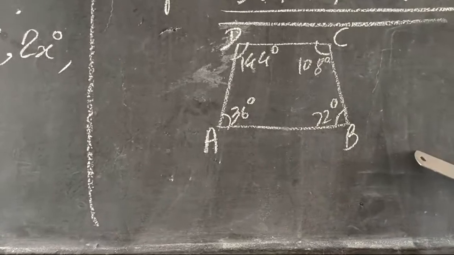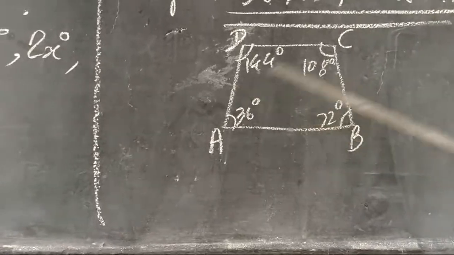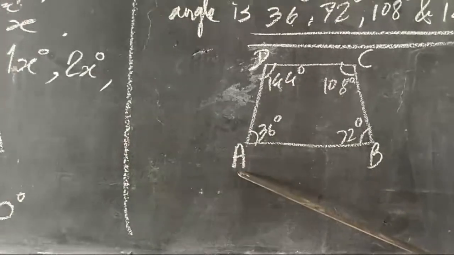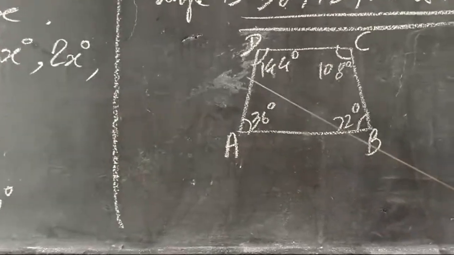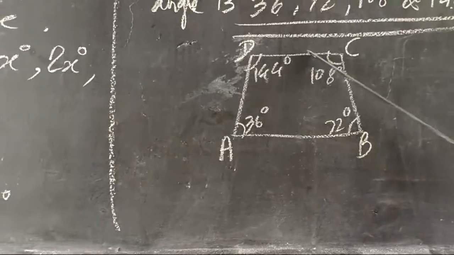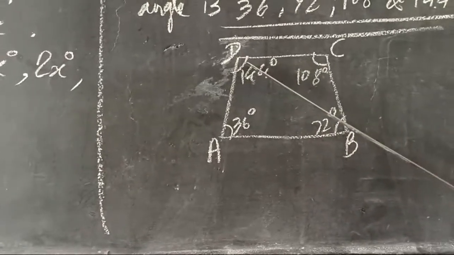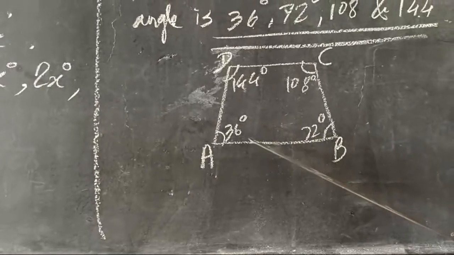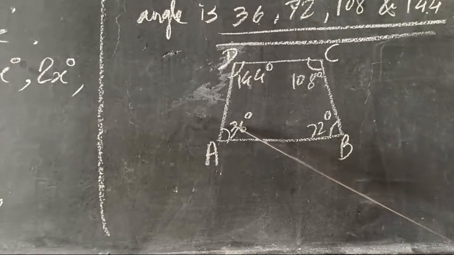Good answer given here. There are two transversals, and this transversal and the line make an angle here, this transversal and the line make an angle here, is it correct?